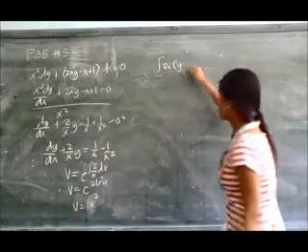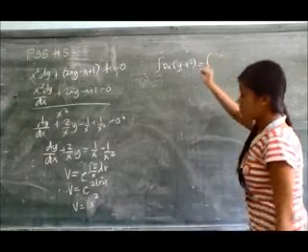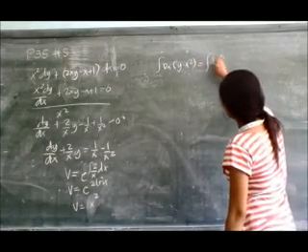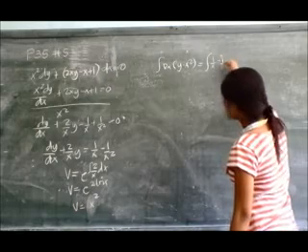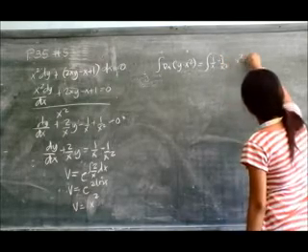Now, we can integrate both sides of the equation: y, which is our dependent variable, times x squared is equal to the integral of 1 over x minus 1 over x squared times x squared dx.